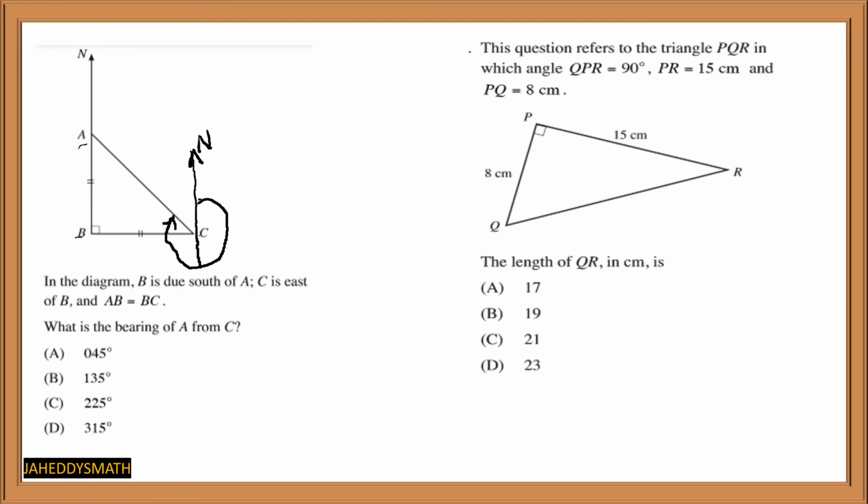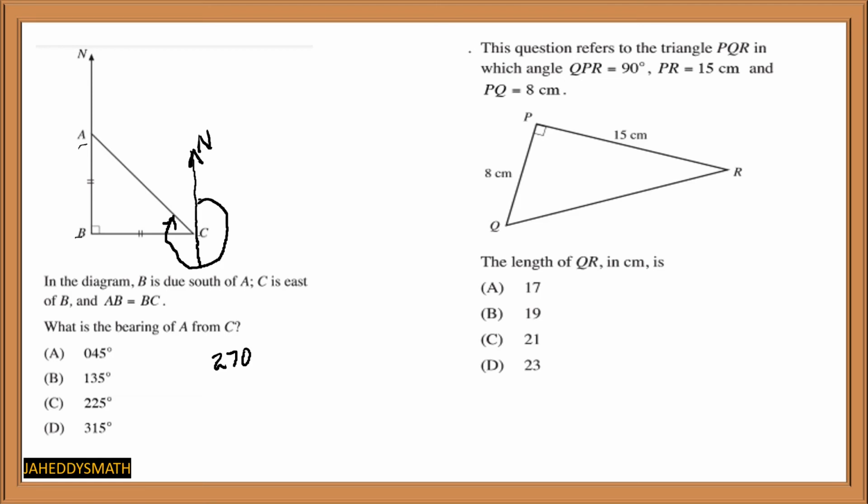So we need to find that angle there. Now, most of this we know. From the north line round to BC, we know that is 270 degrees. So if we find the angle at C and add it to that, our problem is finished.